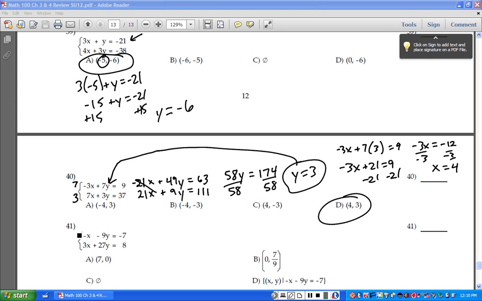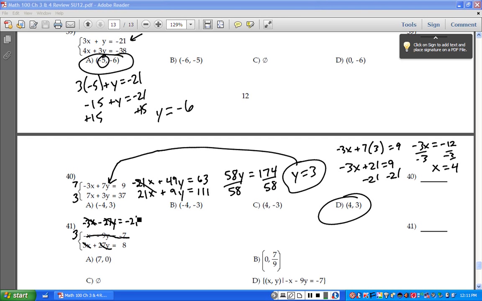To cancel my x's, let's say I want to multiply the top equation by 3. That will give me a negative 3x minus 27y equals negative 21. So I replace this equation with this equation up here. X and x cancel.